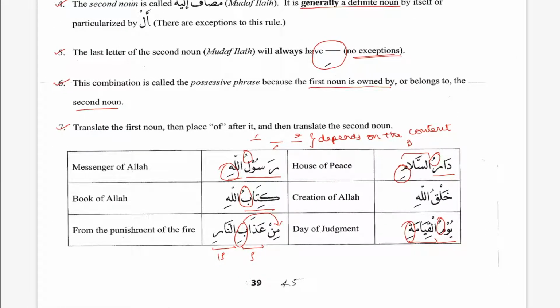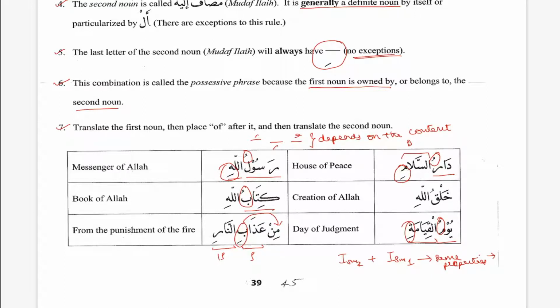So the whole point here, if we want to tie this lesson and the previous lesson together, is that when you see two nouns together, two isms, the second ism and the first ism, if both of them have the same properties, same gender, same everything, same type, definite or indefinite, then it is a sifat wal mawsuf.